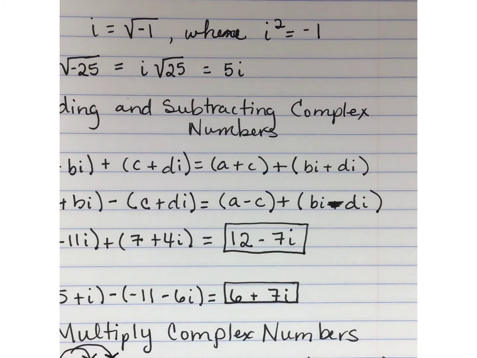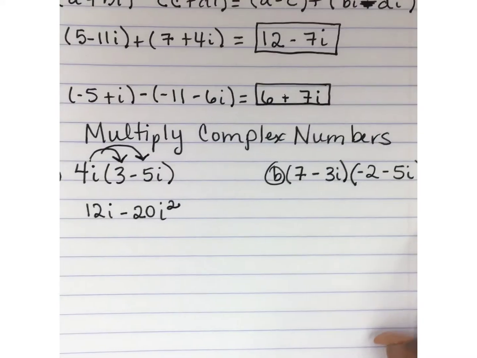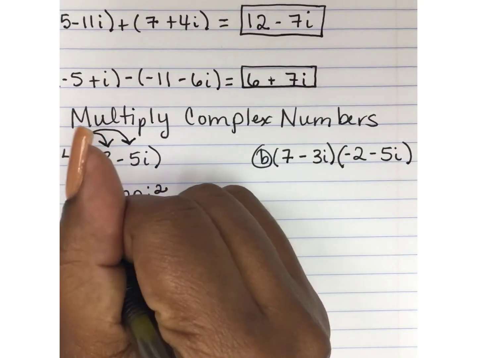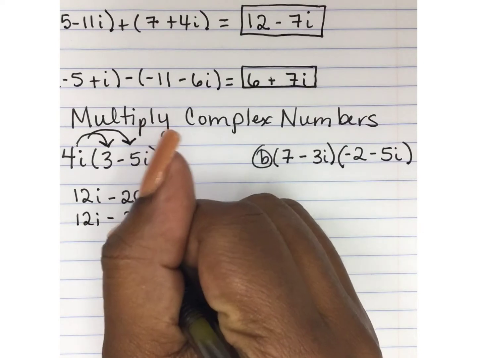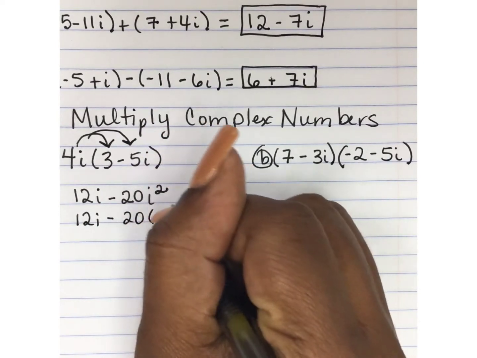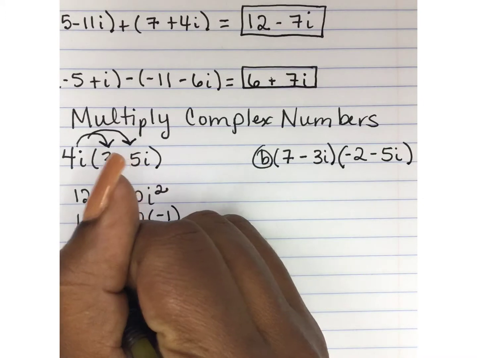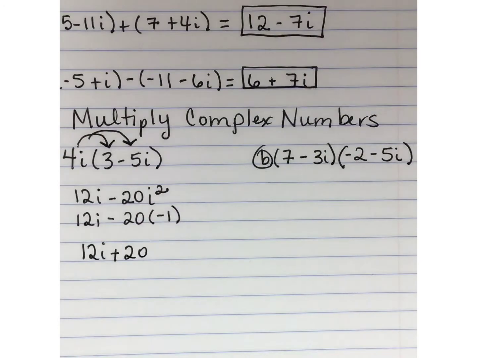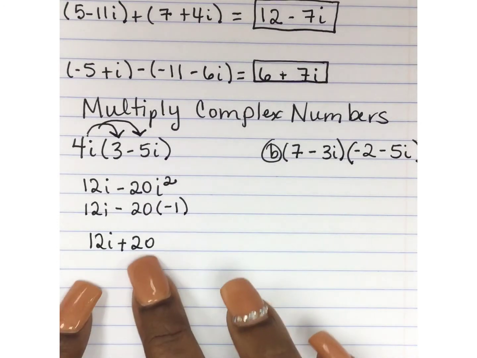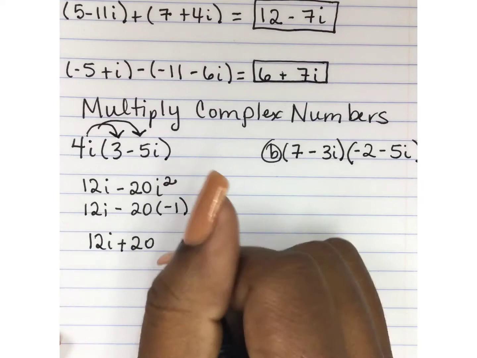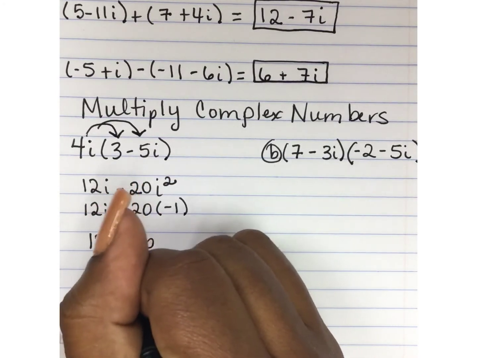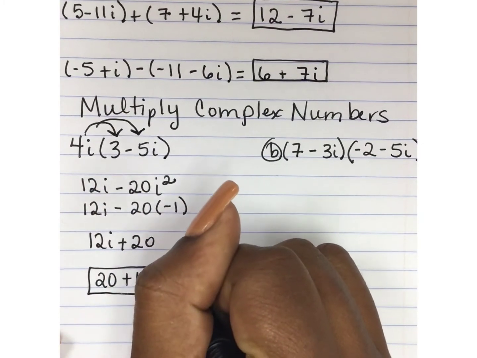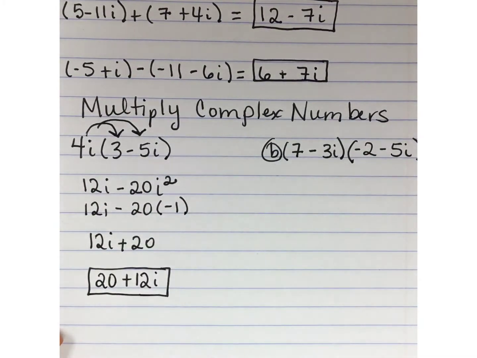So anywhere you see an i squared, you have to change it to negative 1 because that's the simplification. So we have 12i minus 20 times negative 1, and we have 12i plus 20, but we're not done because real has to be first. And so our answer would be 20 plus 12i. Real before imaginary.